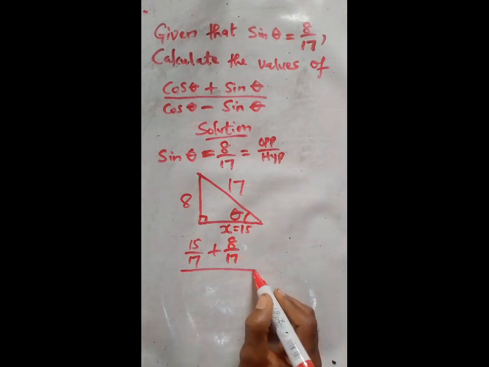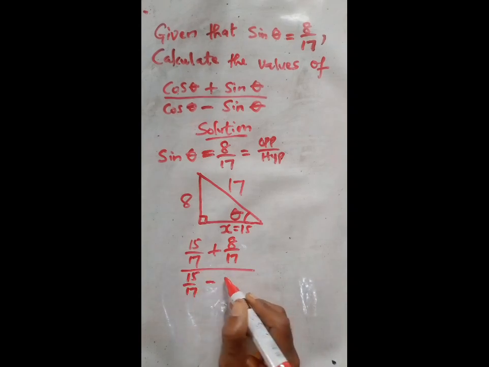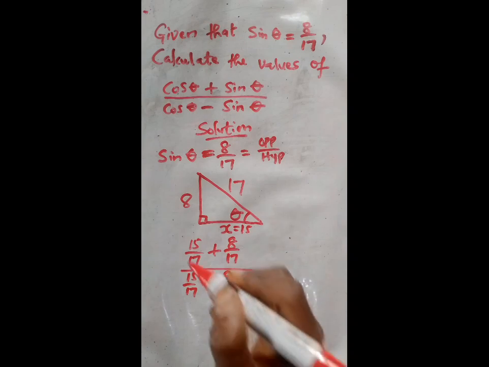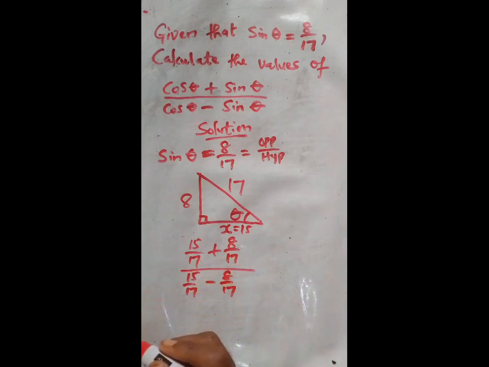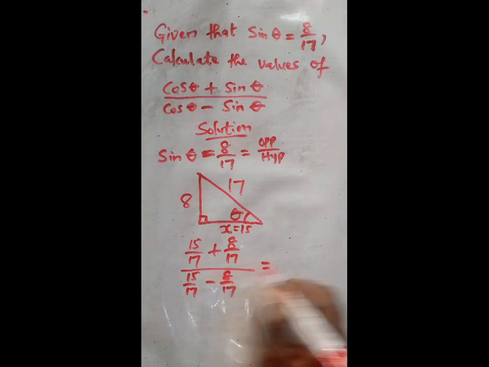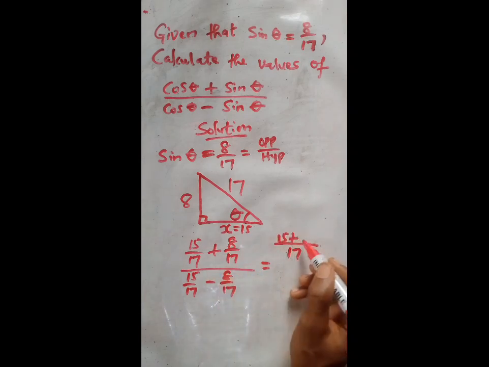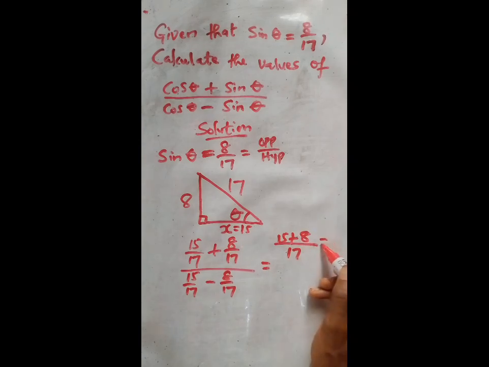This is divided by cos, which is 15 over 17, minus 8 over 17. Now, solving the numerator, the upper part, the LCM of 17 and 17 is 17. That will be 15 plus 8, so here will be 23 over 17.